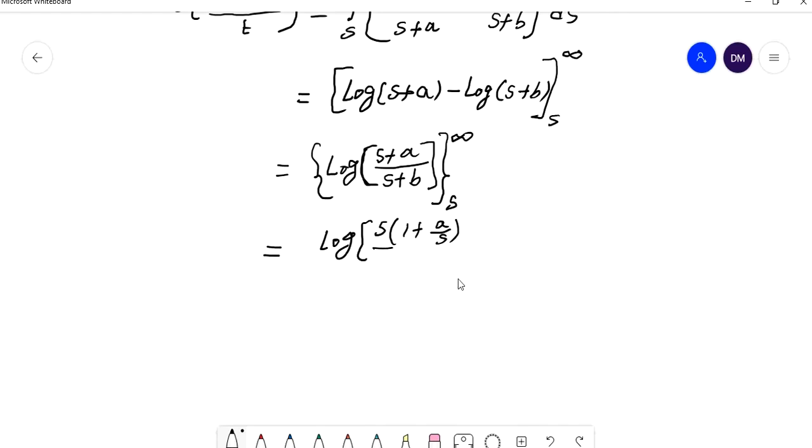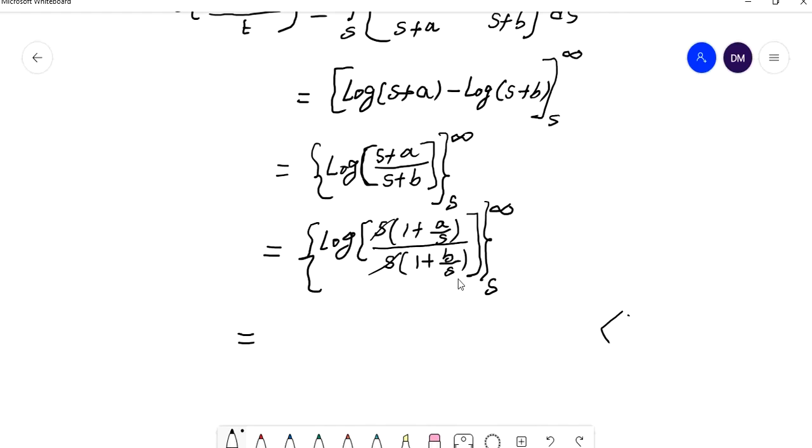In the denominator, s common gives 1 plus b by s. The limits are s to infinity. Here s is cancelled.